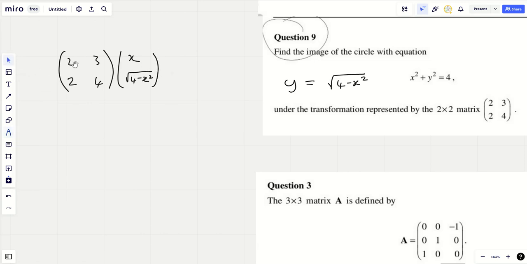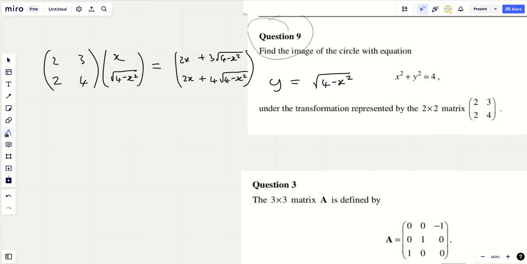And I'm just going to do that times that. What's it going to give me? Well, 2 times x plus 3 times that, I get 2x plus 3 times root 4 minus x squared. And then I get 2x plus 4 times root 4 minus x squared. Now be really careful here. Remember that this is your transformed point, so use different letters.